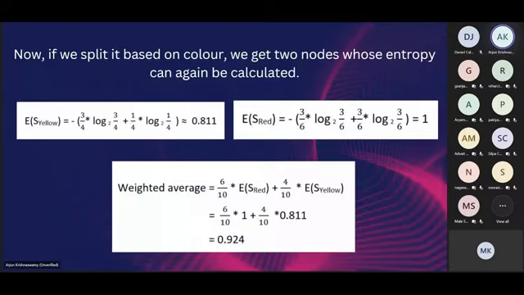This split looks like it's not going to help much, because if you find the weighted average, the entropy value is 0.924.